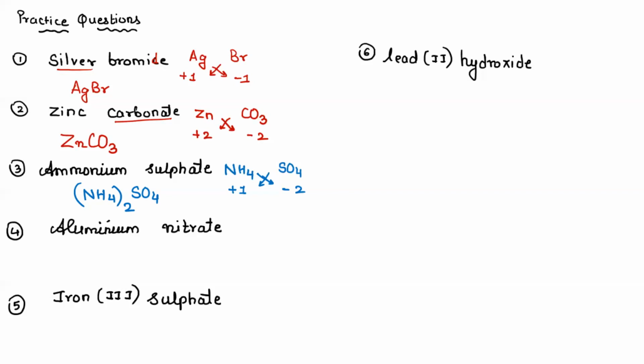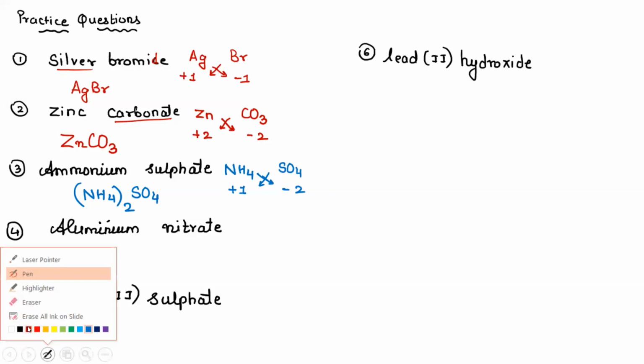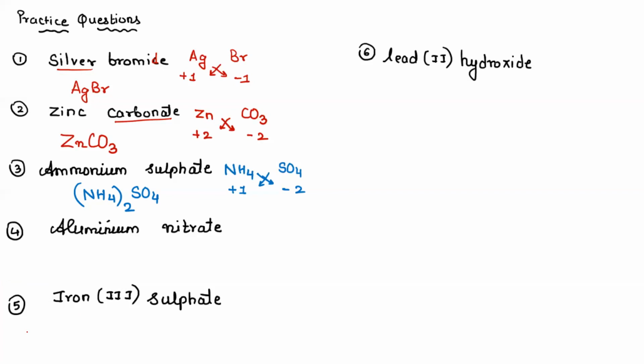Tell me the symbol for aluminium. Aluminium is already Al, which I have told. Okay, tell me for nitrate, Advait.